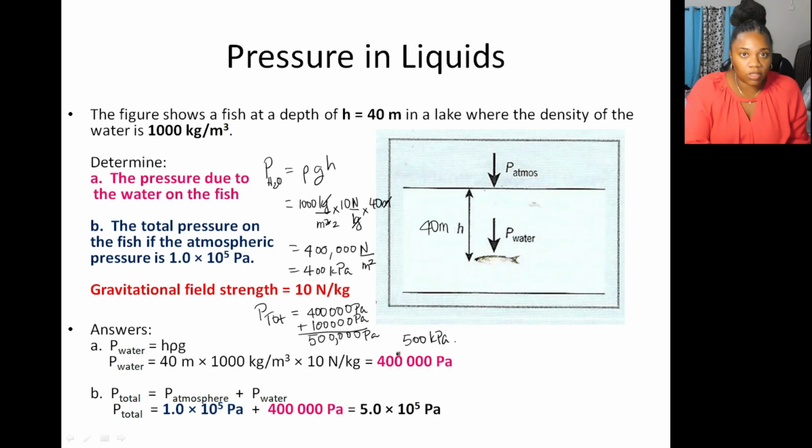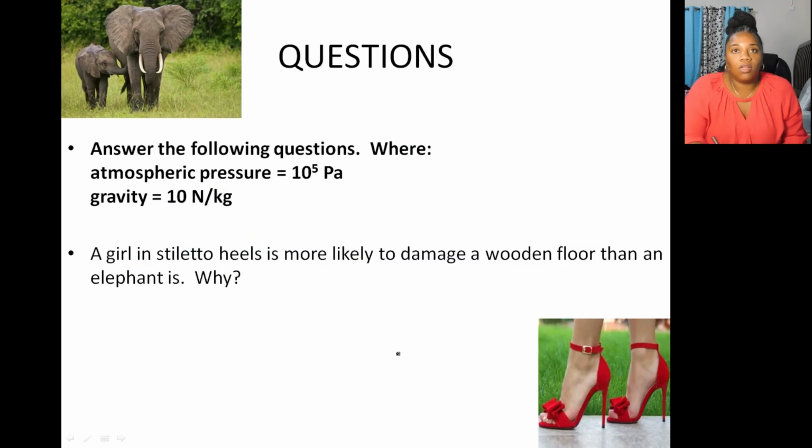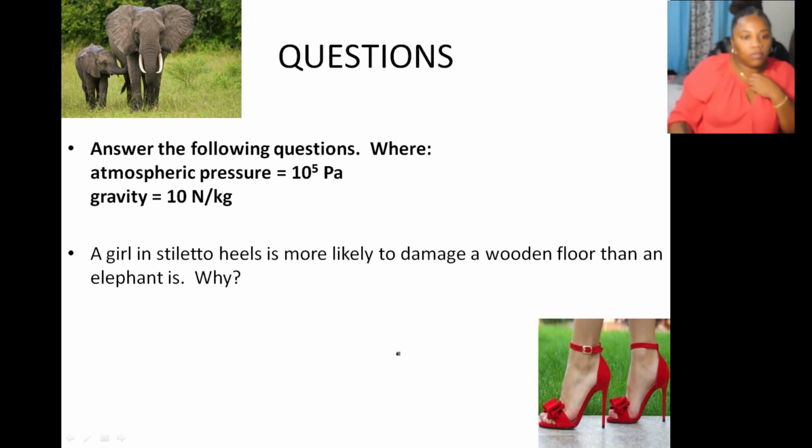So I hope you were doing the calculations with me. So take a look at the question and try to answer it. It says, answer the following questions where atmospheric pressure is equal to 10 to the 5 pascals and gravity is taken at 10 newtons per kilogram. It says a girl in stiletto heels is more likely to damage a wooden floor than an elephant. Why?